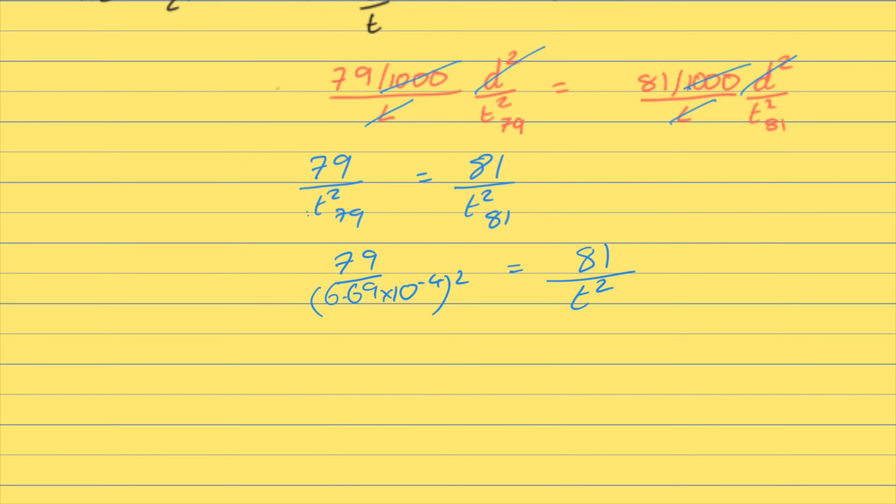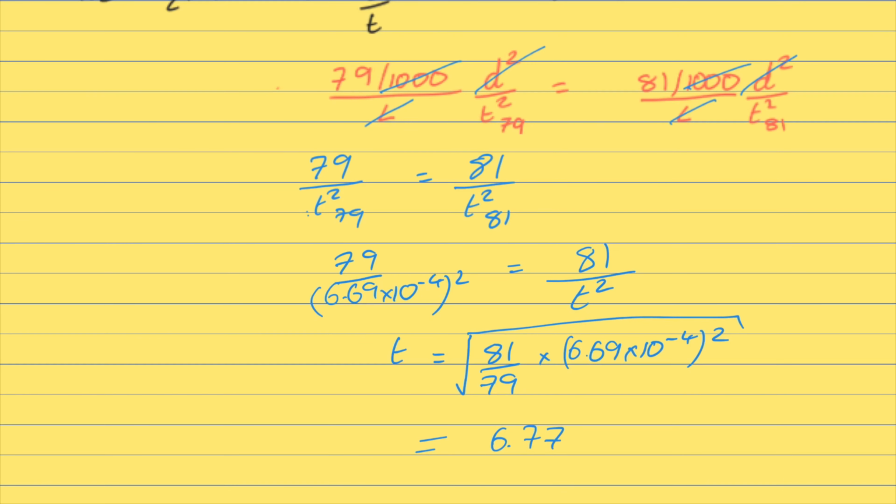Rearrange that equation, so I get t equals the square root of 81 over 79 times (6.69 × 10^-4) squared, square root the whole of that, and that will give me my answer, which is 6.77 × 10^-4 seconds.